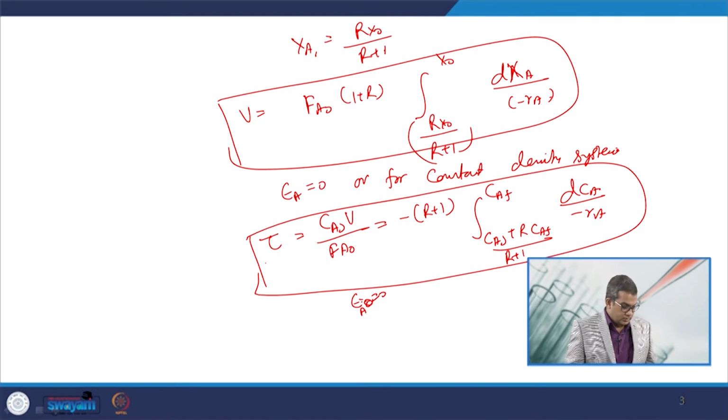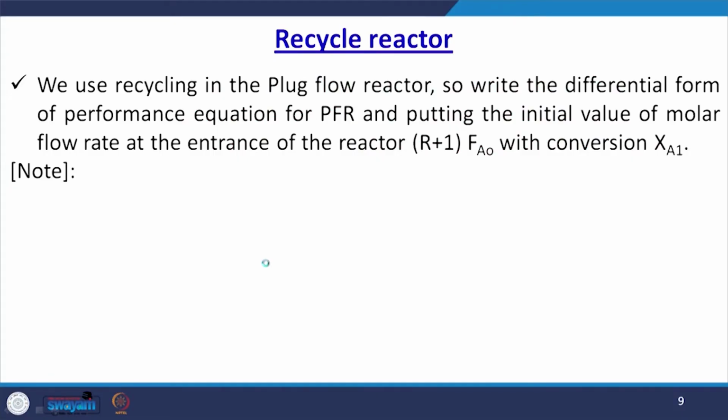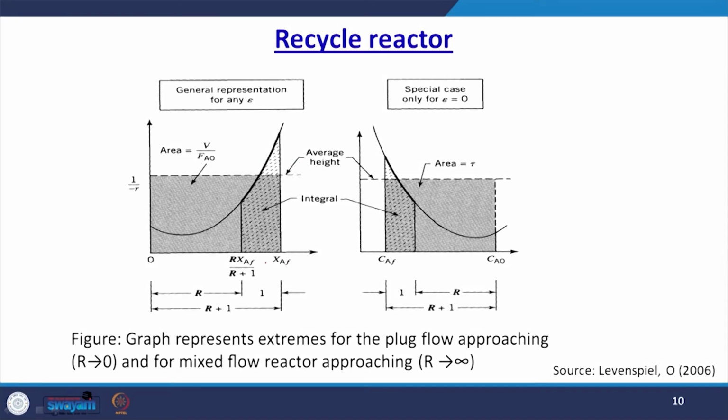Now, suppose sometimes people may opt for graphical representation. Before we go into the graphical representation, here you see that there are various types of epsilon. This is the general representation, and it is for the special case which we discussed, that is epsilon equal to 0.